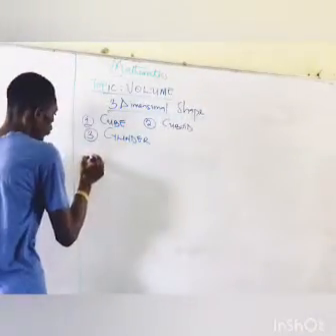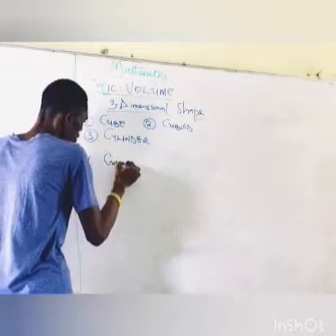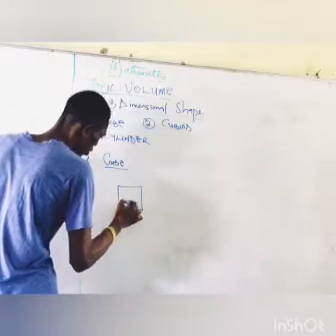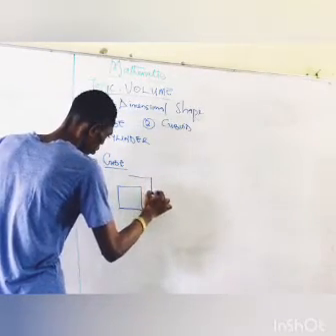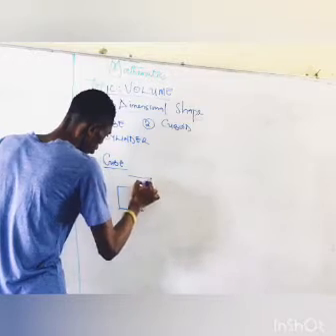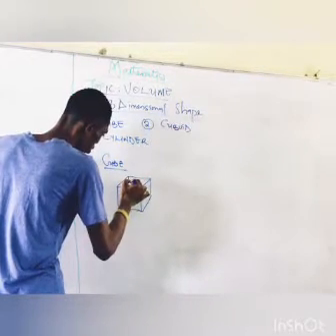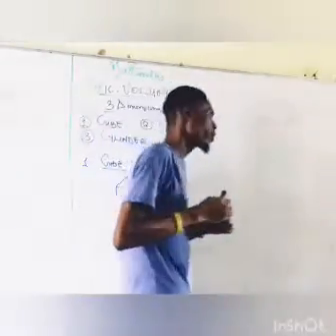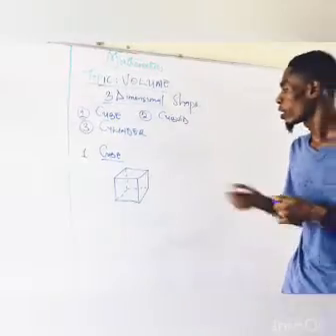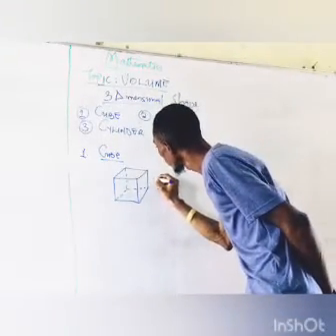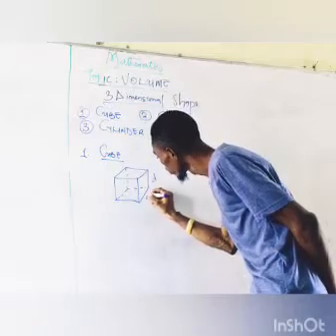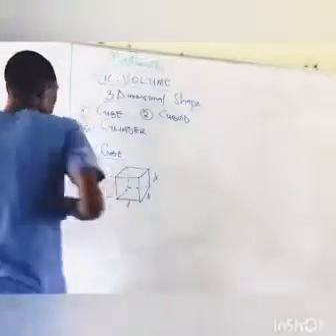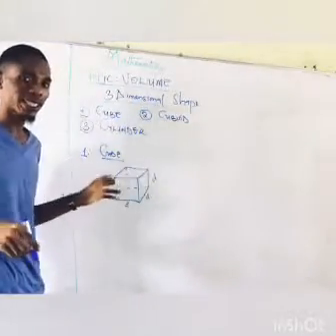Now, assuming this is a cube, let's take for instance, this is a cube, and this cube has sides of length D. This side is D, this side is D, and this side is D. If you can remember from last time, we said the unique thing about the cube is all the sides are equal, yeah?